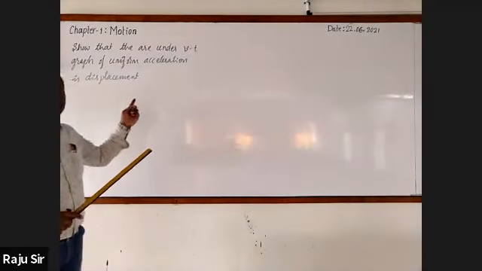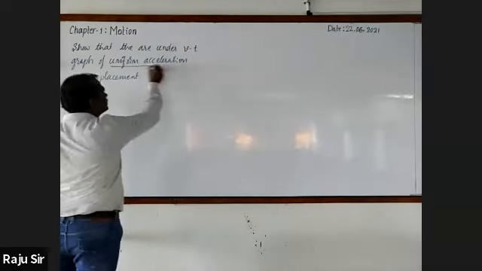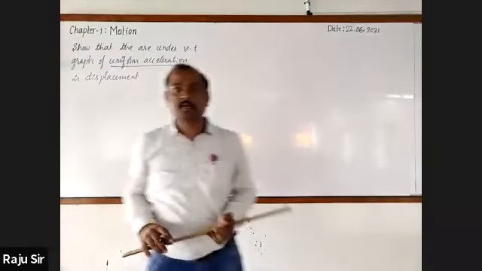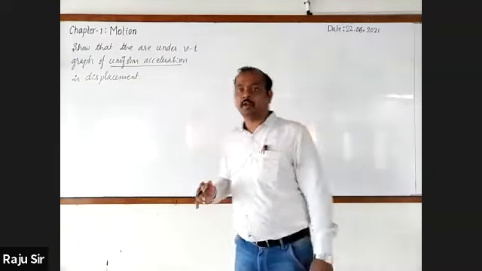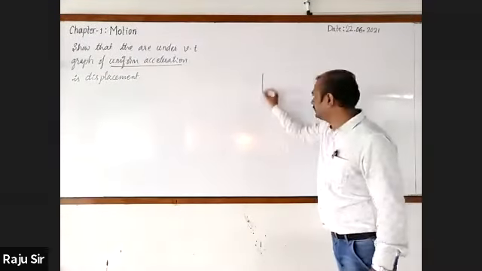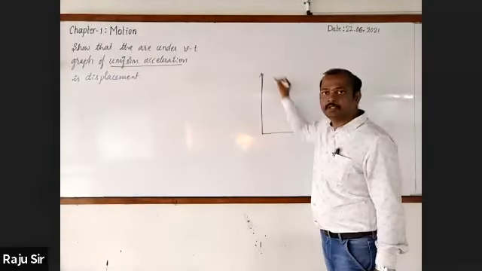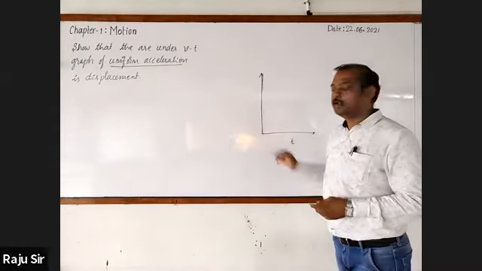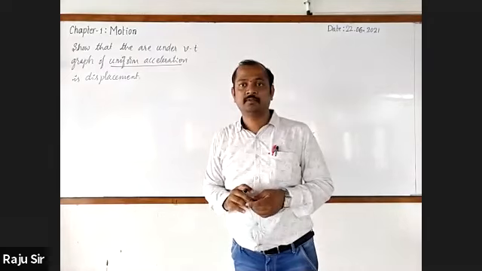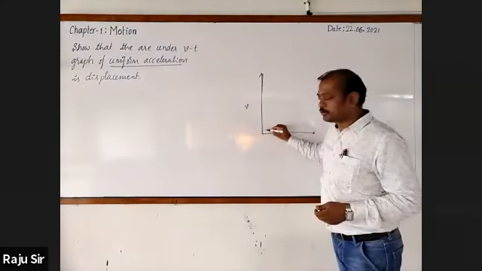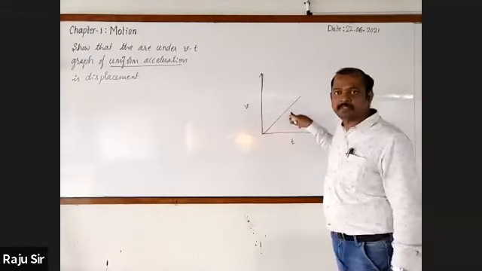Now let us go for drawing the VT graph of uniform acceleration. Let us recall a VT graph. You know that it is the graph obtained by taking the time along the x-axis and velocity along the y-axis. If I draw the line like this, what type of motion is represented by this graph?